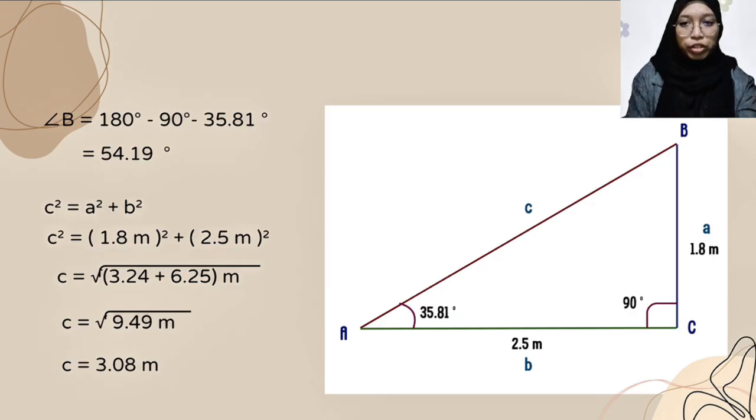So 1.8 squared plus 2.5 squared equals 3.24 plus 6.25, which equals 9.49. Taking the square root, we get c equals 3.08 meters. So the dart traveled a distance of 3.08 meters.